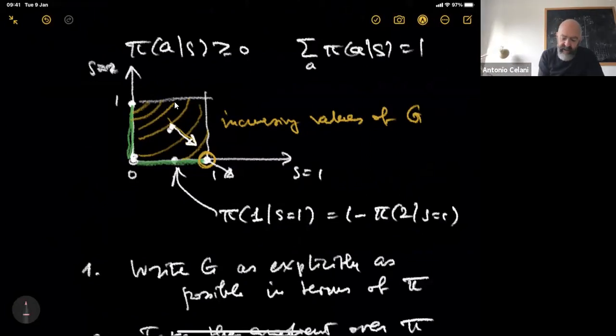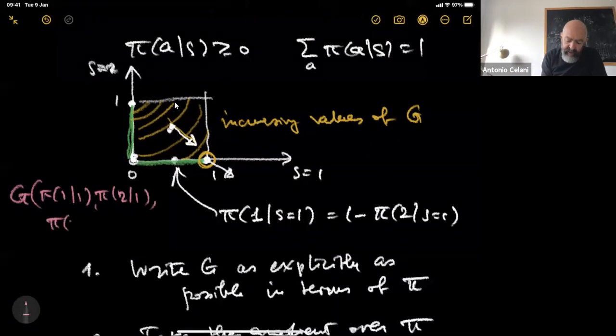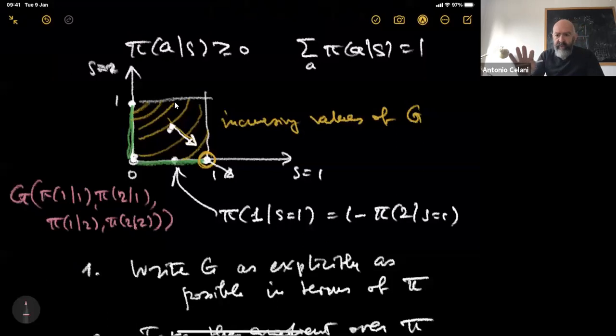But here the idea is that in this case, your G would be a function of what? A function of pi 1,1, pi 2,1, pi 1,2, pi 2,2. So this would be, in principle, an object which lives in a 4-dimensional space.